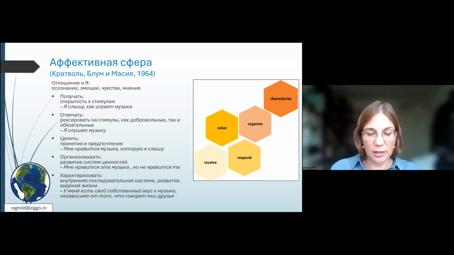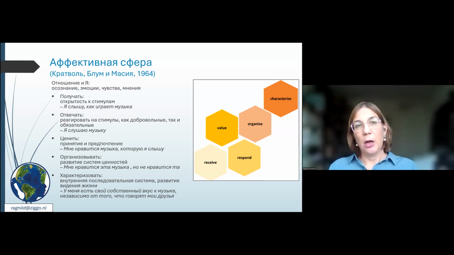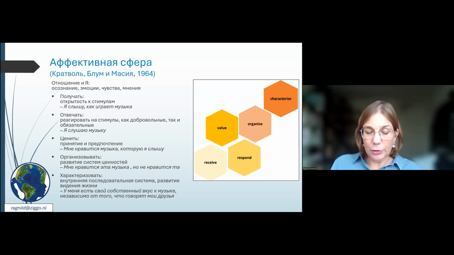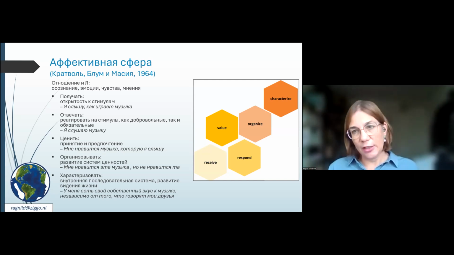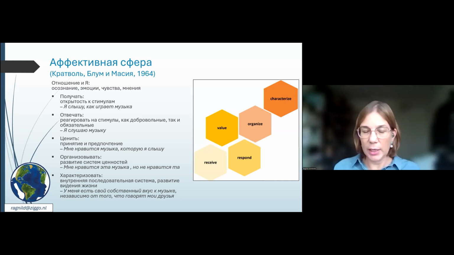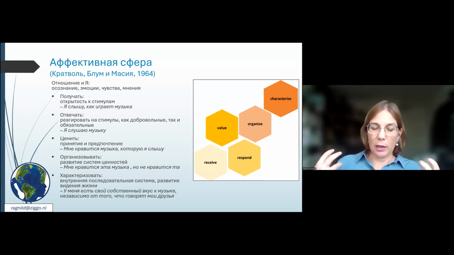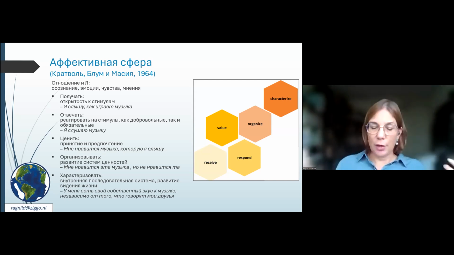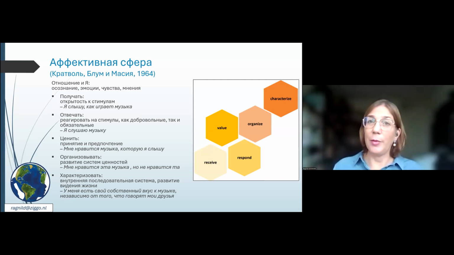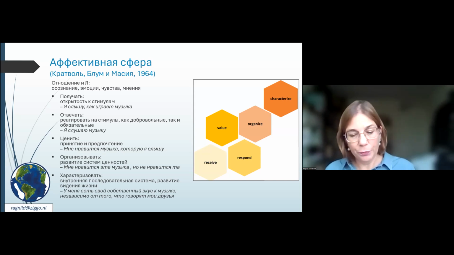And the last stage is the characterization, where you work on an internal consistent system, and this is something children do later on, like in secondary education, and they develop a vision of life, and that you are consistent in these values, even though society or your environment thinks otherwise.